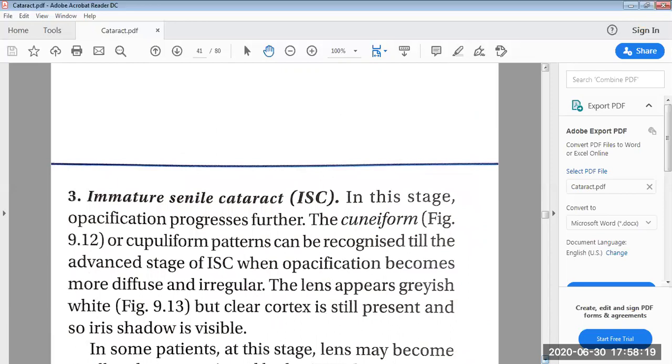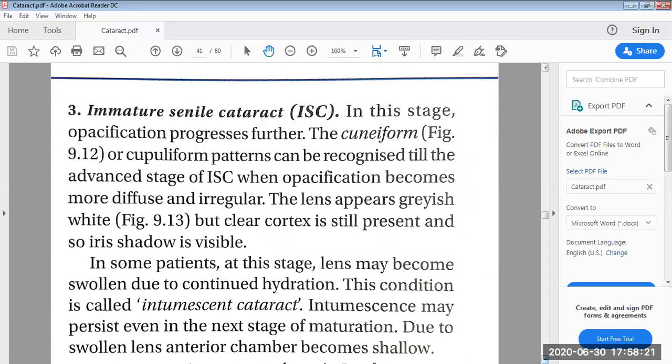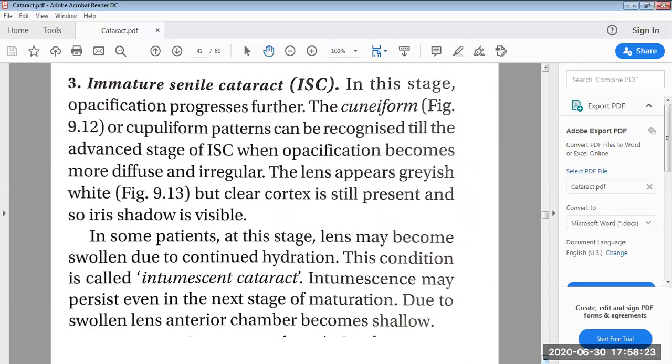Then the third stage of maturation of cortical type of senile cataract is immature senile cataract, that is ISC. In this stage, the opacification progresses further. The cuneiform or cupuliform patterns can be recognized till the advanced stage of immature senile cataract, when opacification becomes more diffuse and irregular.